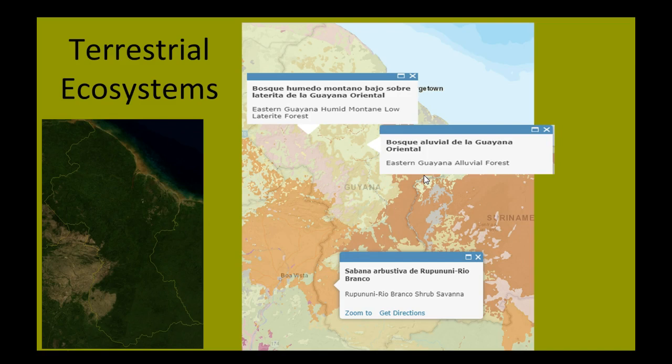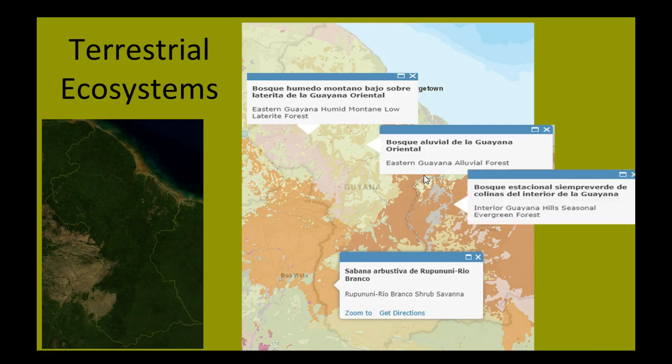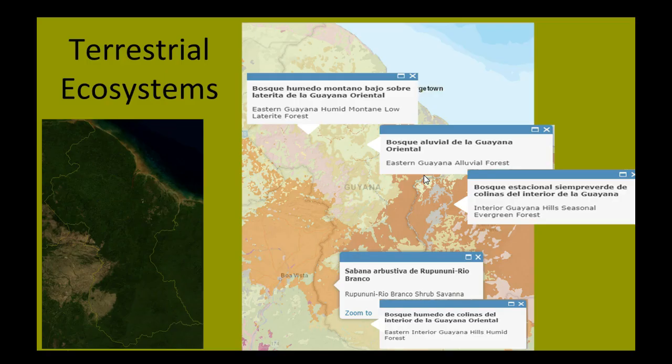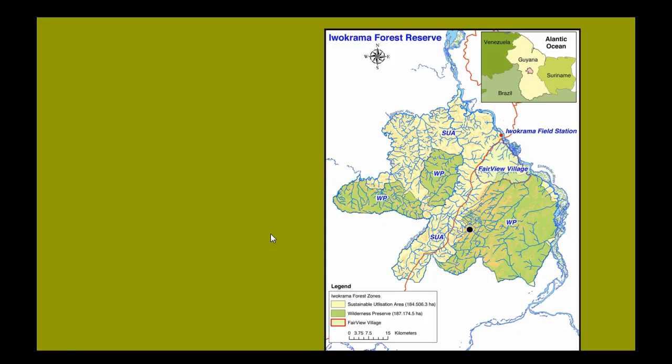Okay, eastern alluvial forests, we'll probably see some of those as well, probably less of the hills seasonal forests because we won't be so much in that region of the country. So again, just to give you a general idea of some of the different types of forest systems that we'll be seeing within Guyana.